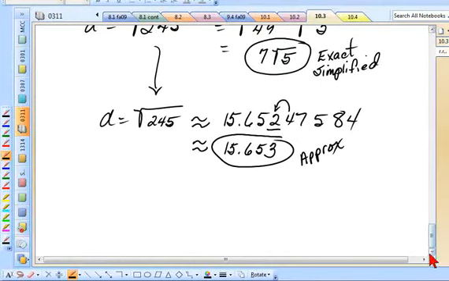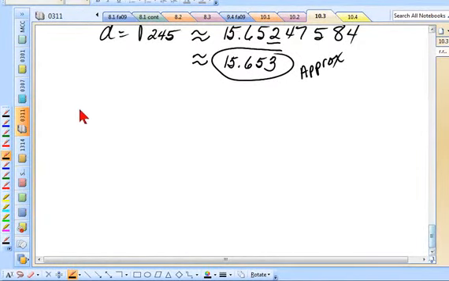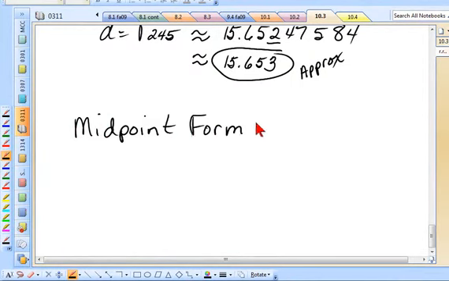In the interest of time, I'm going to skip number 13 and go straight to number 14, which uses another formula. It's called the midpoint formula. The midpoint formula finds the coordinates of a point halfway between two given points.